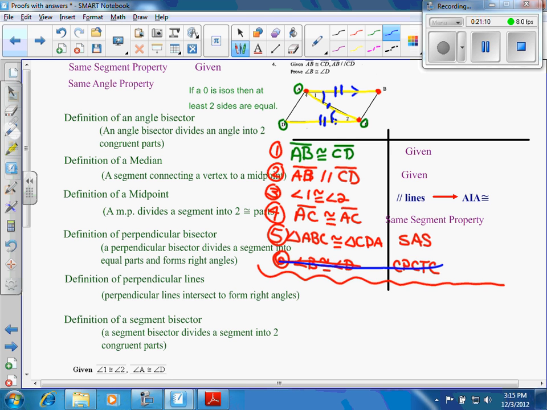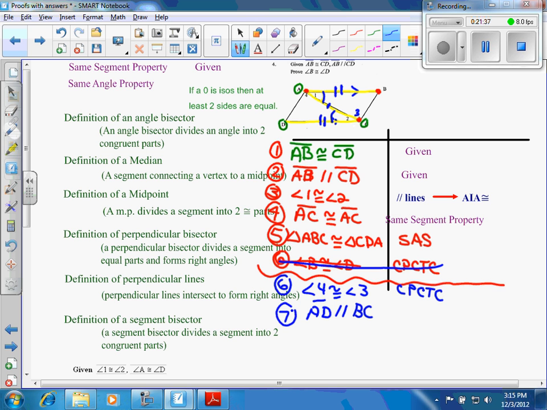Yes. I would have to show angle 4 is congruent to angle 2, and 3, by corresponding parts. Because that would be my step 6. That would tell me that AD is parallel to BC.